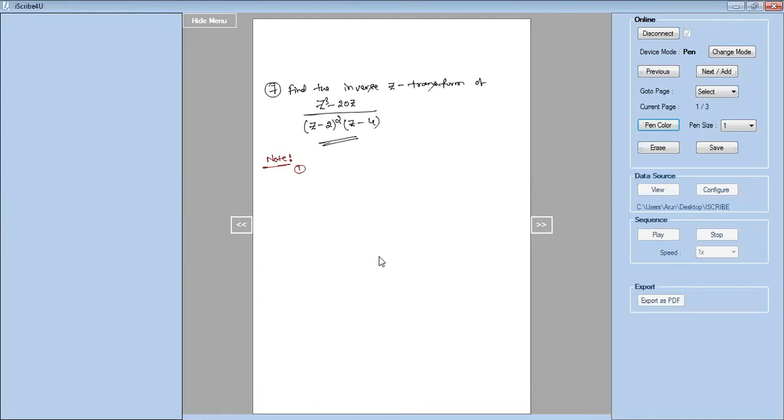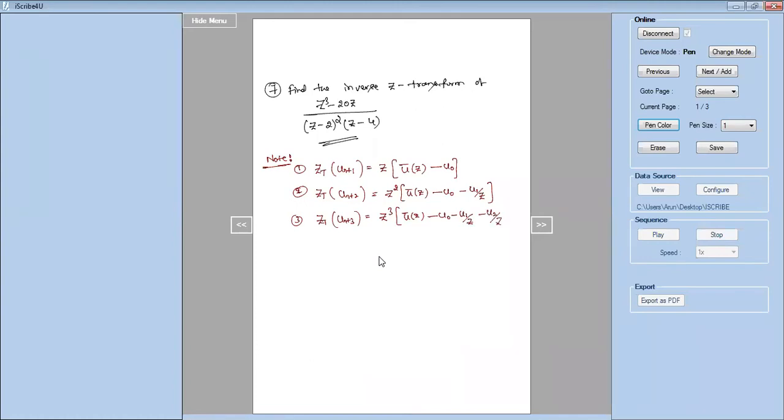The first one: Z transform of u(n+1) is equal to Z into u bar of Z minus u0. Second: Z transform of u(n+2) equals Z square into u bar of Z minus u0 minus u1 divided by Z. Third: Z transform of u(n+3) equals Z cube into u bar of Z minus u0 minus u1 by Z minus u2 by Z square.